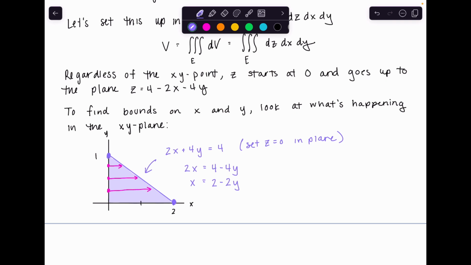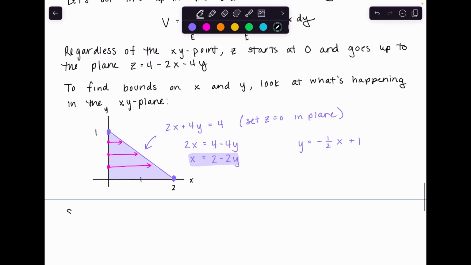Just for completeness' sake, I'll solve this for y because we're going to set this up another way as well. If you were to go about the order dy dx, you would have to manipulate for y. And again, the slope of this is negative 1/2, and the y-intercept is 1. But this is the equation that we want to utilize for the x bounds.